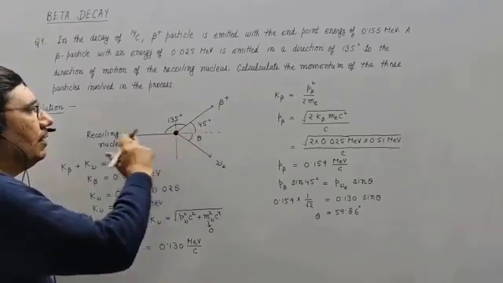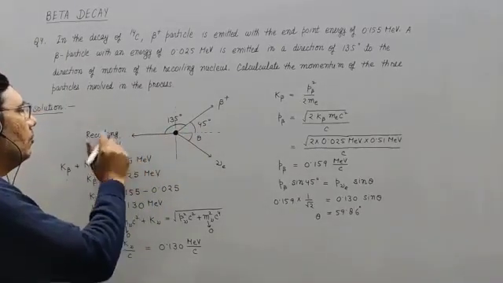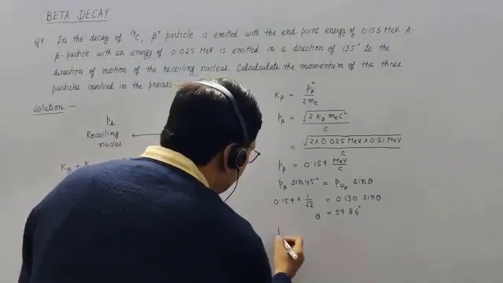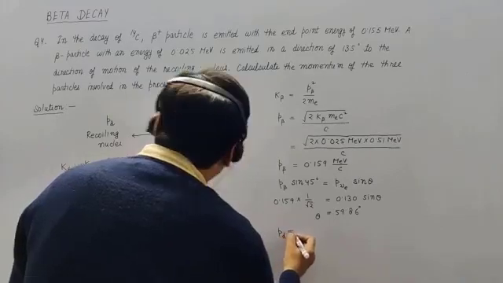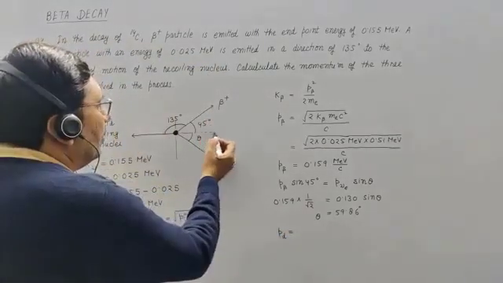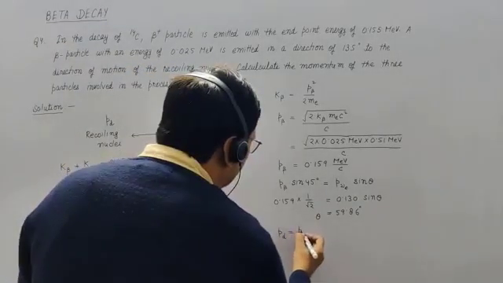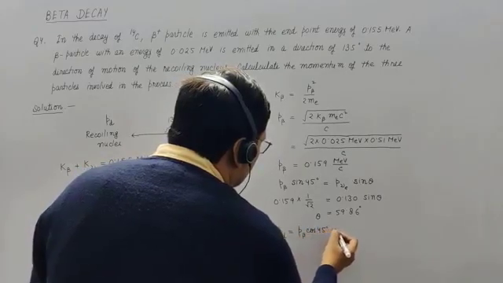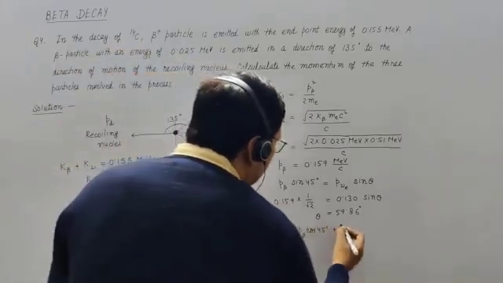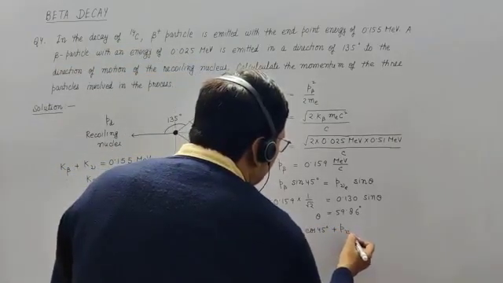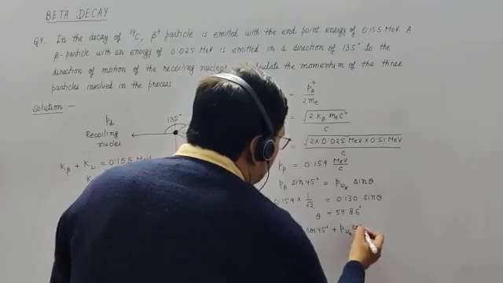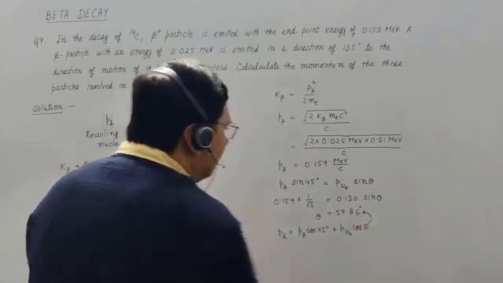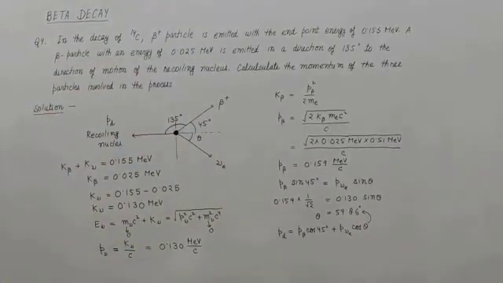Apply the conservation of linear momentum along the horizontal line. Suppose the momentum of the recoil nuclei is PD. The equation is PD equals P beta cos 45 degrees plus P nu E cos theta, where theta is the value found here.